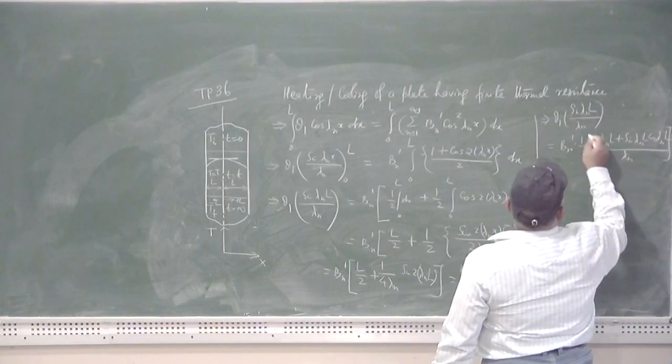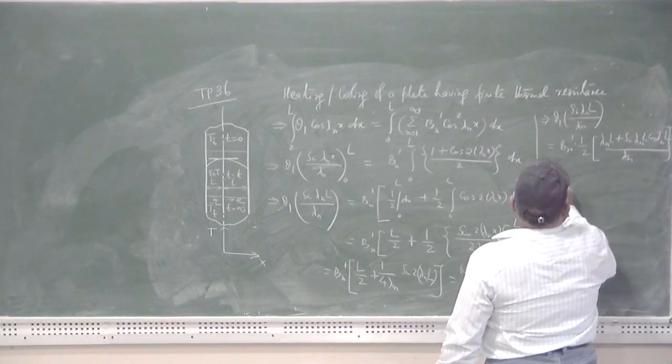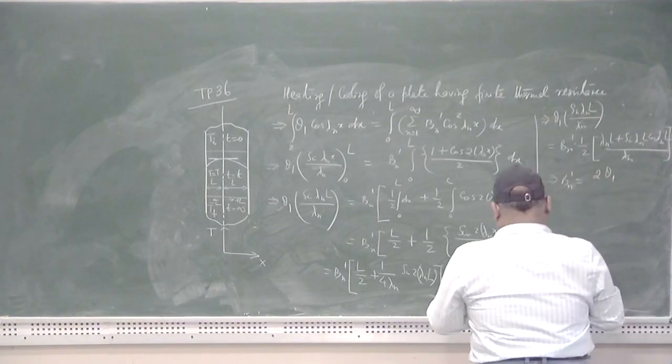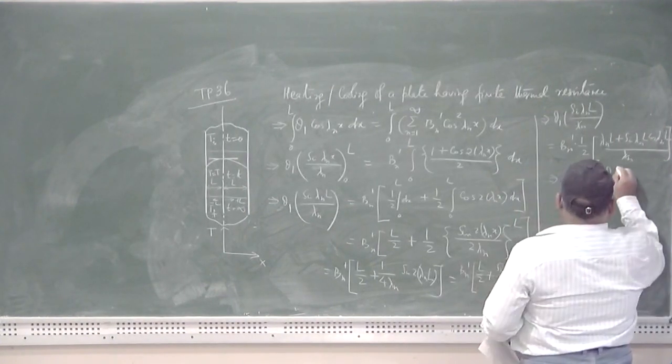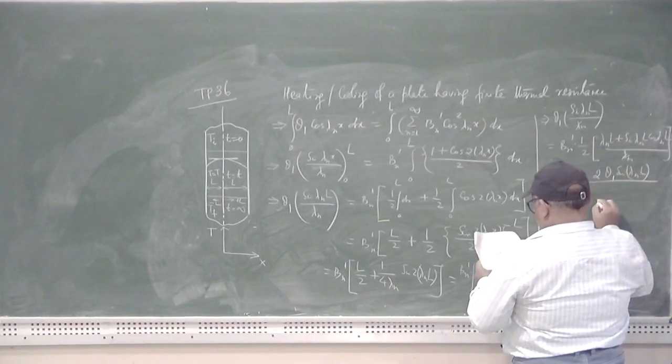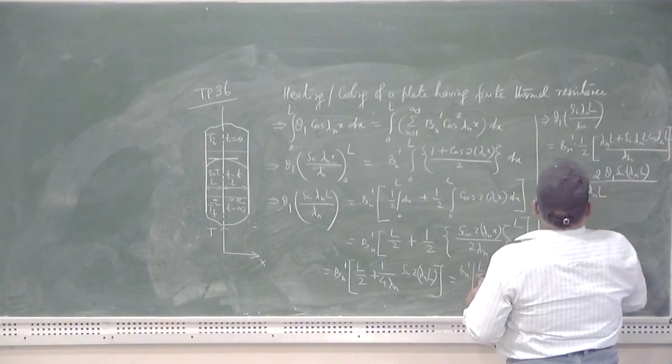So this lambda n will get cancelled out. So the bn dash value is equal to 2 theta 1 sin lambda nL divided by lambda nL.